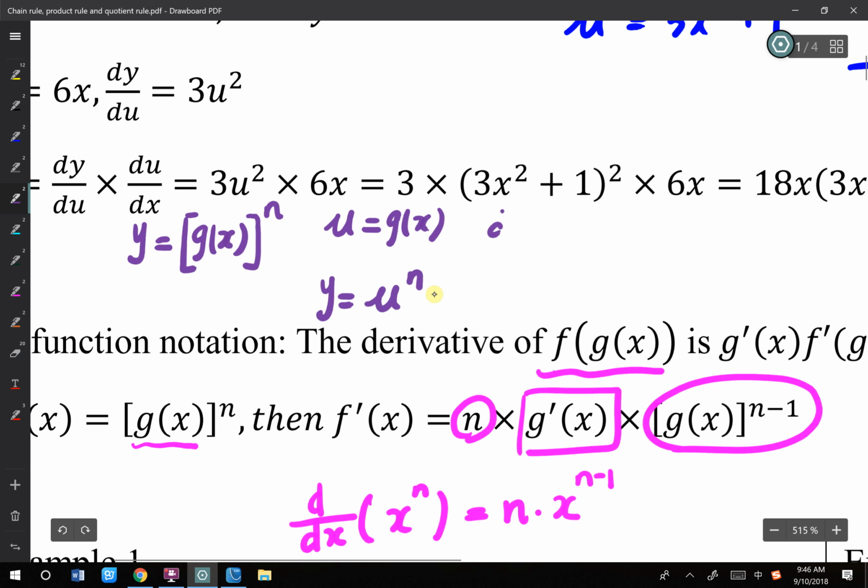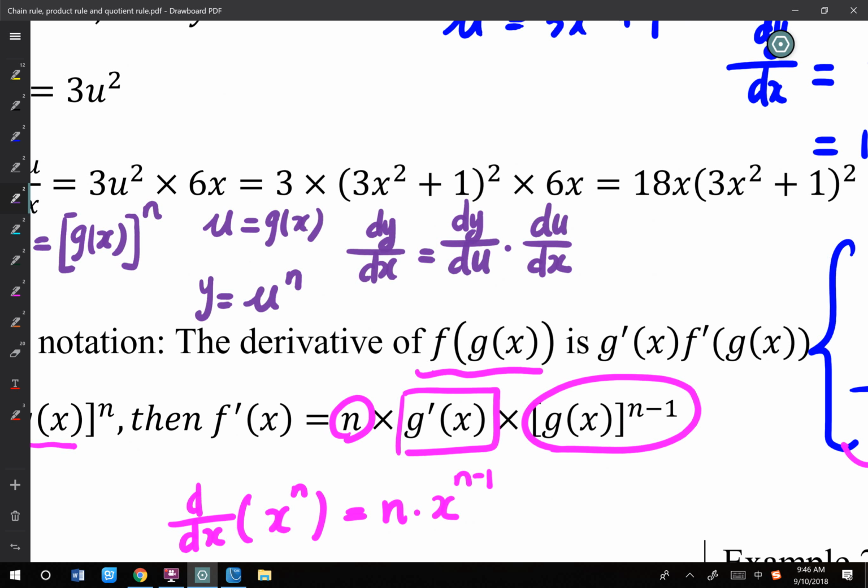So dy/dx equals dy/du times du/dx. What's dy/du? N times u to the power of n minus 1. What's du/dx?